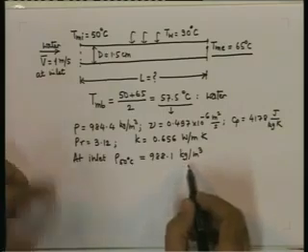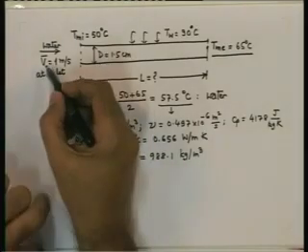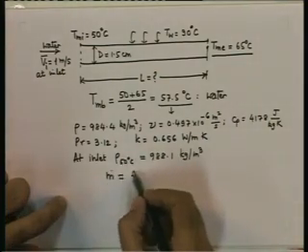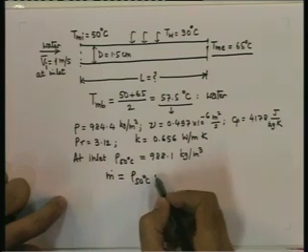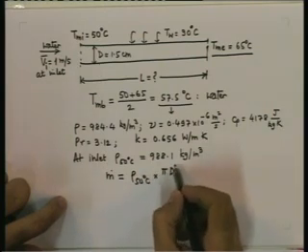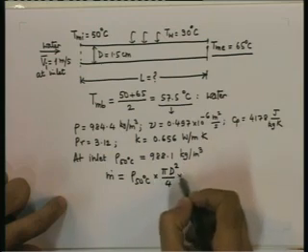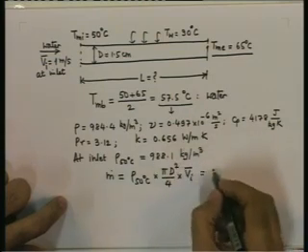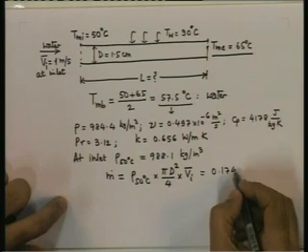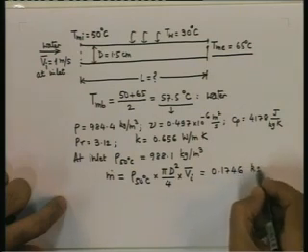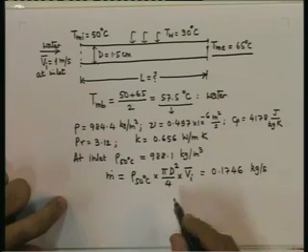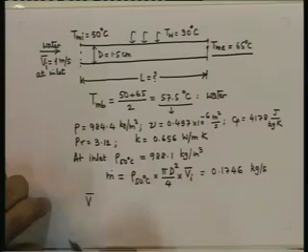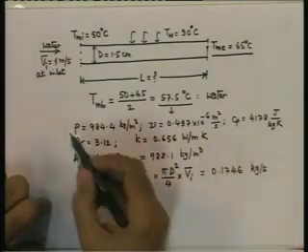Using this density and the velocity at inlet, let me call this V bar I, we get m dot is rho at 50 degrees C multiplied by pi d squared by 4 area multiplied by the mean velocity at inlet. This turns out to be 0.1746 kilogram per second.